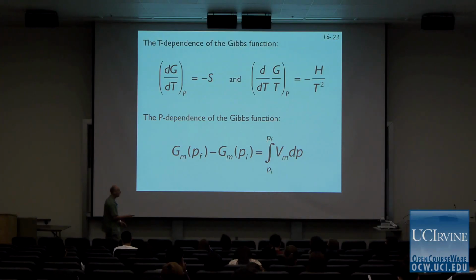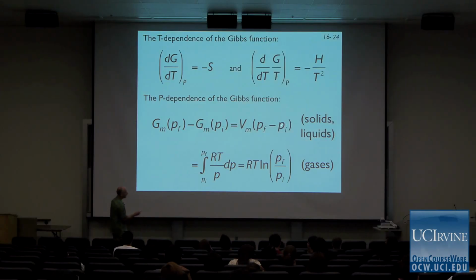There are equations that describe that, and if we know that, we can just substitute those equations for this Vm, leave it inside this integral, and evaluate the integral and get the exact change in the Gibbs energy. But the rest of the time, if we don't know what the change in the volume is for a liquid or solid, we can use this simple equation to tell us how the Gibbs energy changes, and for gases, it's this guy. All right, pretty simple equations.